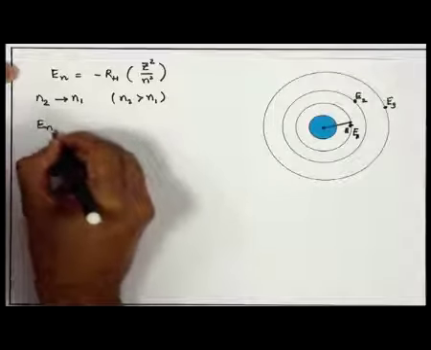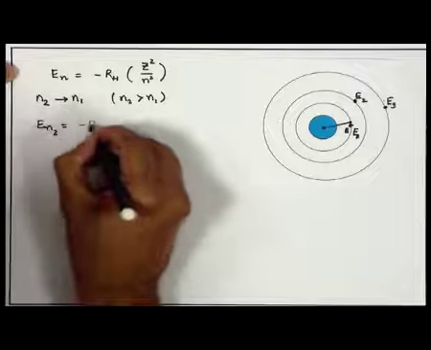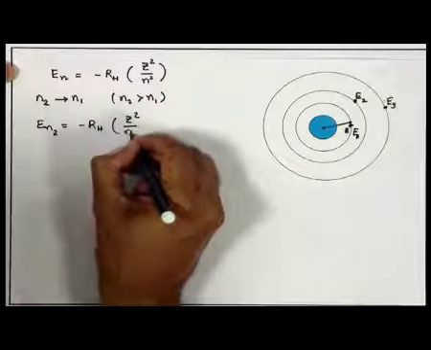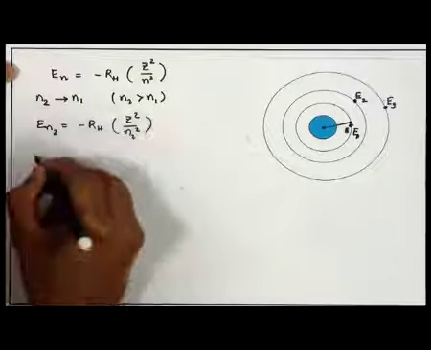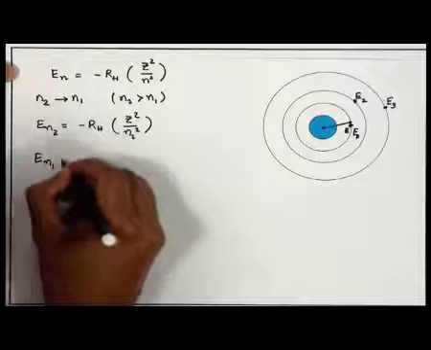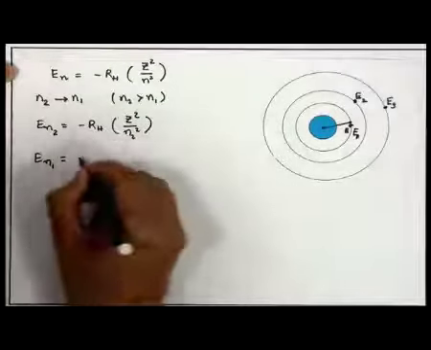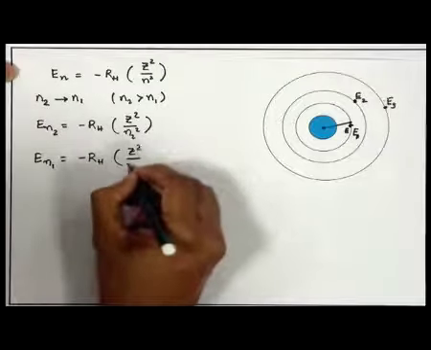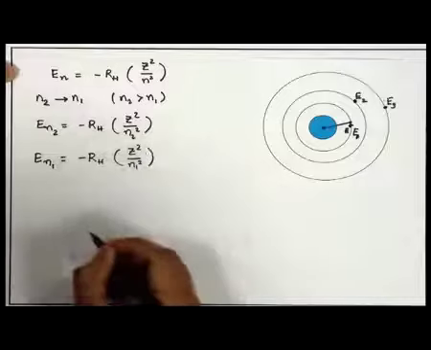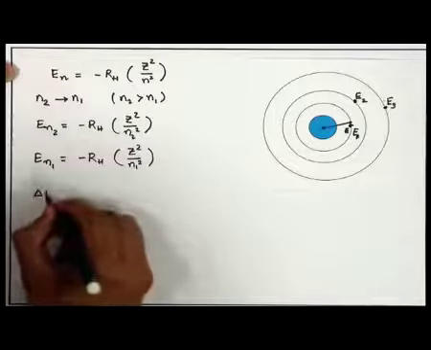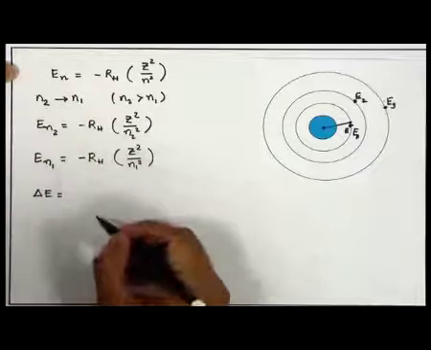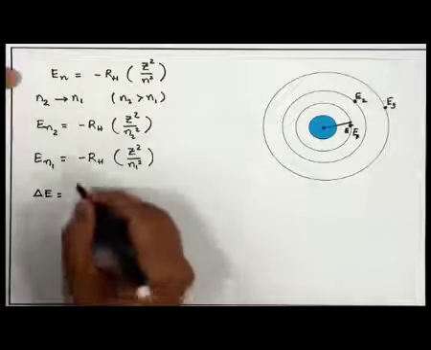the energy of n2, the higher energy orbit, is given as follows. The energy of the stationary state to which the electron is going is given here. The difference in energy, delta E, which is E n2 minus E n1, is given as follows.